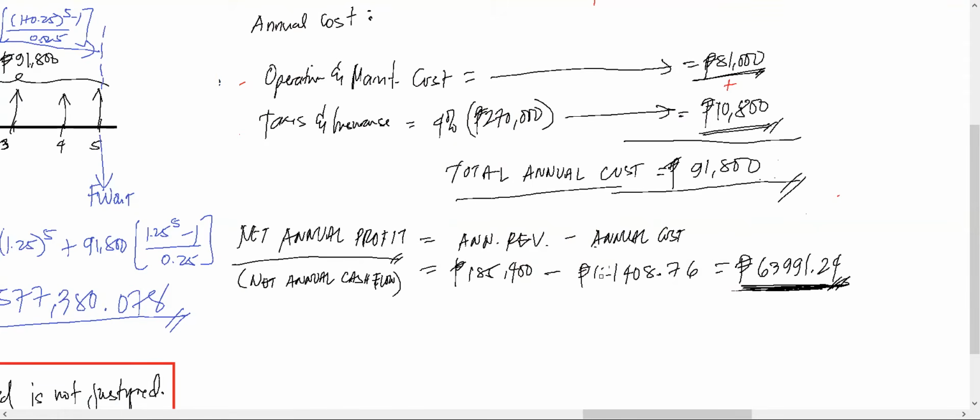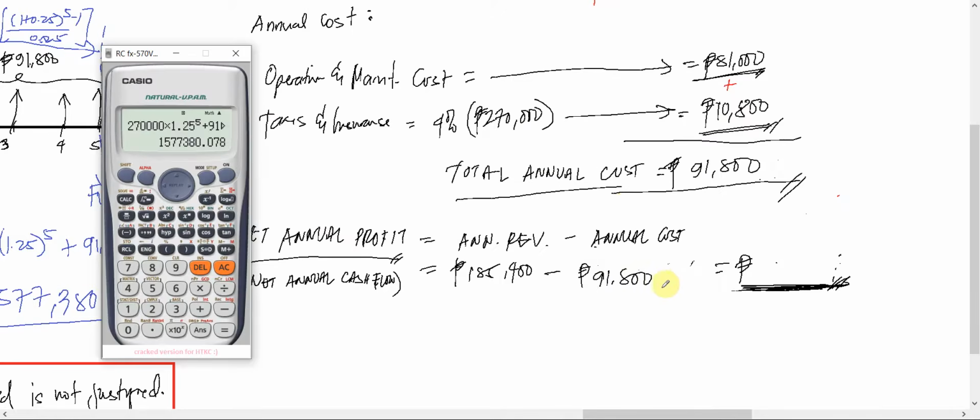So, this one, palitan lang natin ng 91,800. And syempre, mali din to. Ayan. So, 91,800. Minus lang natin yan. 185,400 minus 91,800. So, that is 93,600.